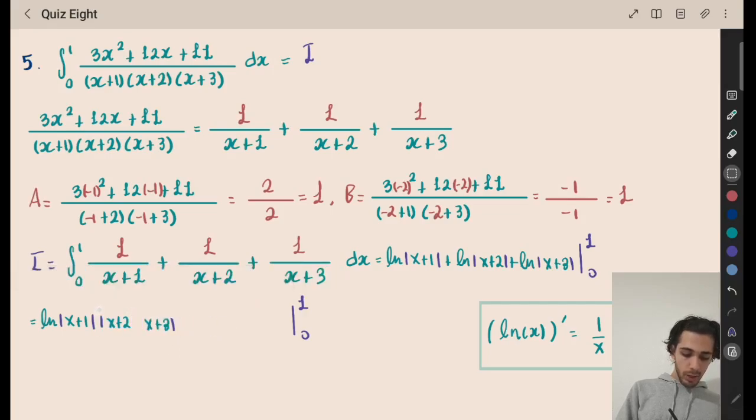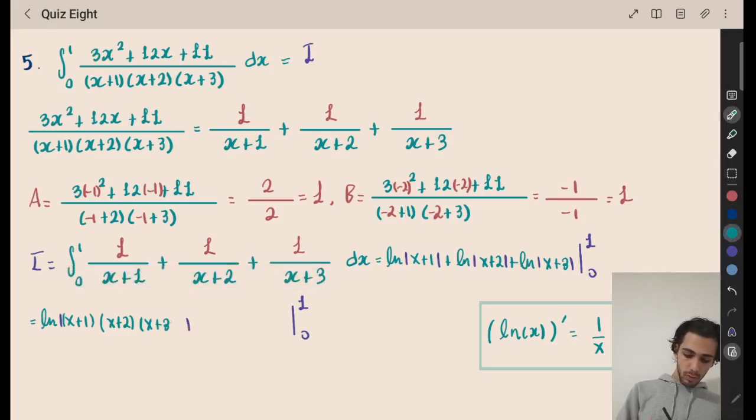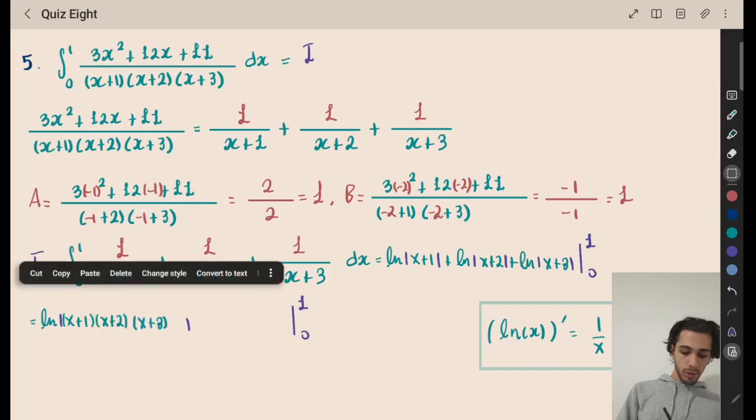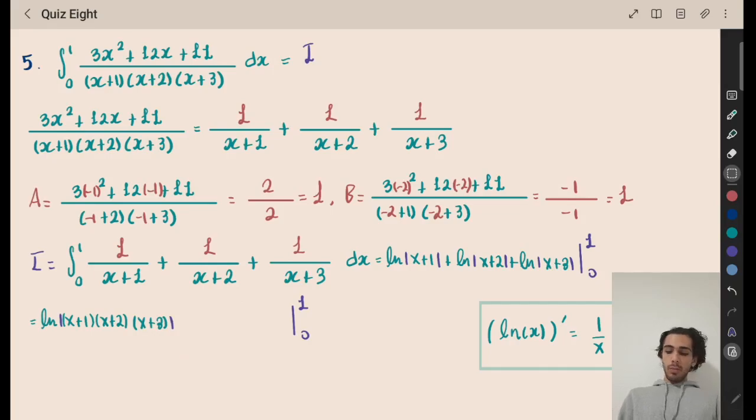Maybe I'll just write one big absolute value for all three. So this doesn't look too bad. But anyway, this is nice because then I can plug in values in one compact term.